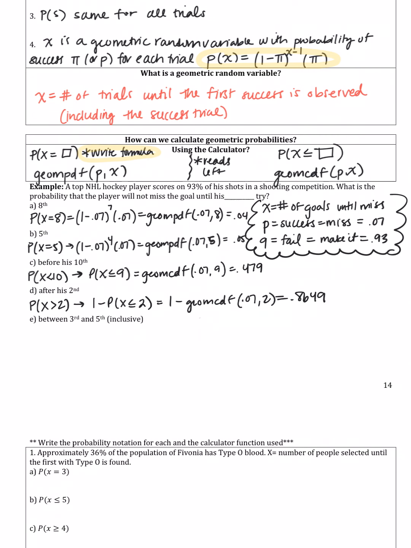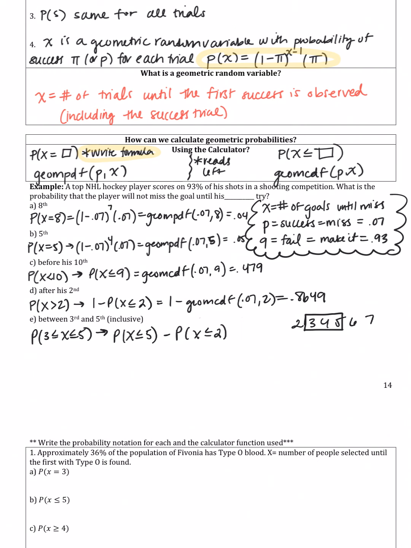Between the 3rd and the 5th, so we're inclusive, the probability that we're between the 3rd and the 5th is the same as, so if you look at it, 2, 3, 4, 5, 6, 7, between the 3rd and the 5th, inclusive is right there. So this is the probability of x being less than or equal to 5 minus the probability of x being less than or equal to 2.